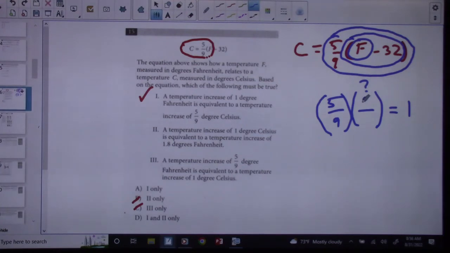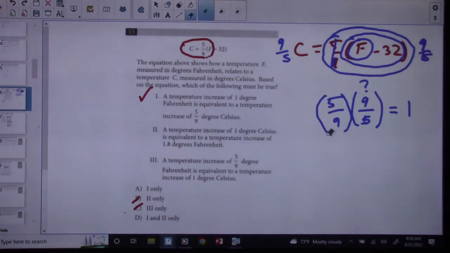And so this informs where you're going, because we want to multiply this thing by 9/5. If we multiply this by 9/5 on this side, and also by 9/5 over here, then what happens to this layer? It cancels out.